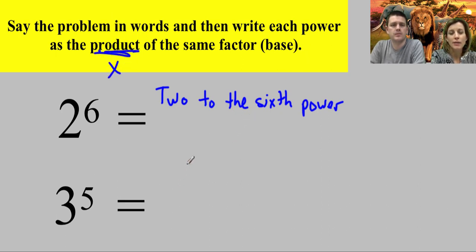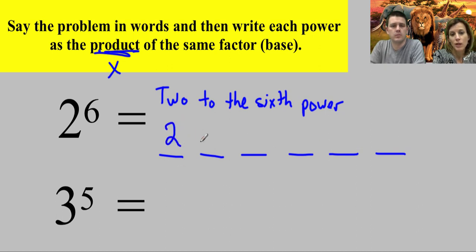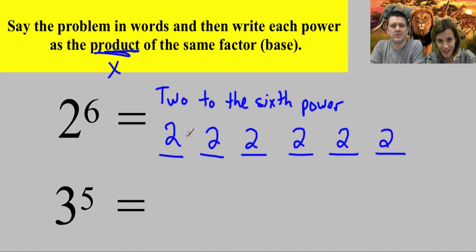And we just talked about that factor or that base. So we're going to write the 2 to the 6th power as a repeated multiplication problem. So 2 is our base, so we want to put 2 multiplied 6 times. So he used his fancy little lines to show you that he needs 6 of them. It's 2 times 2, which is 4, times 2, which is 8, and so on.